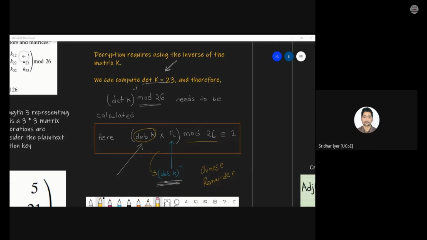You have to start with 1 as n and check whether the mod 26 value is 1 or not. If it is not, move on with the next iteration. Increase the value of n to 2. So replace n by 2, keep on trying. If it is not giving the answer, replace n by 3, keep on trying.